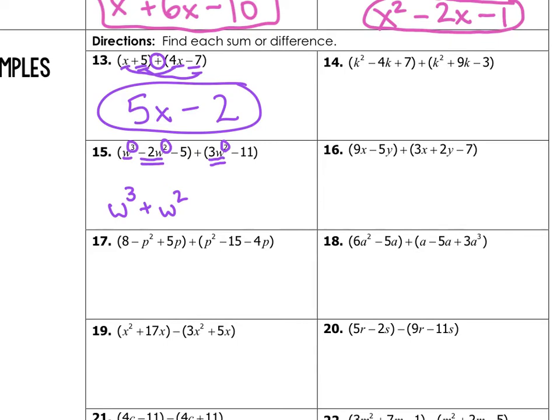Notice that? We don't have anything else with w, so now we're just down to the constants. In this case, I have a negative 5 and I have a negative 11. Now we need to combine those like terms. So this is going to become negative 5 plus negative 11, or negative 5 minus 11. When you combine those, you're going to get negative 16. That's the answer to number 15.